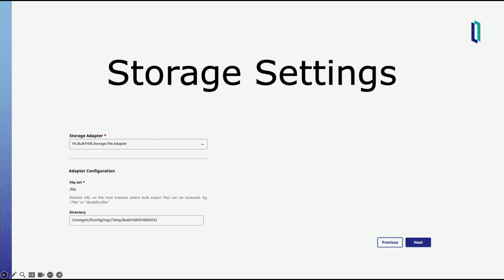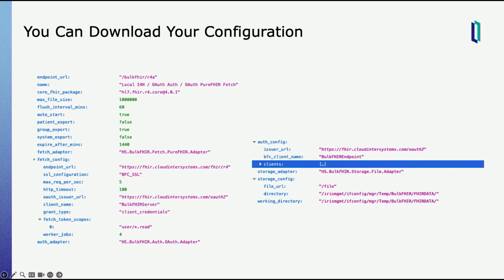So temporarily, data is stored in the BFC. All of this means there's a lot of configuration in bulk FHIR, and what we've done is made it so that with this GUI client, you can set up that configuration, you could export it, you could copy it, and then you could also modify it.